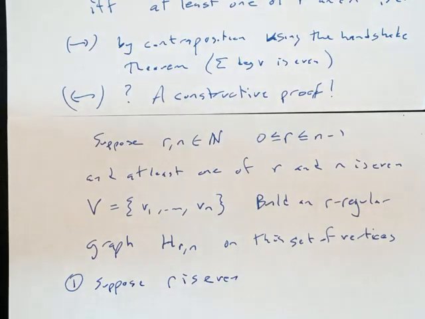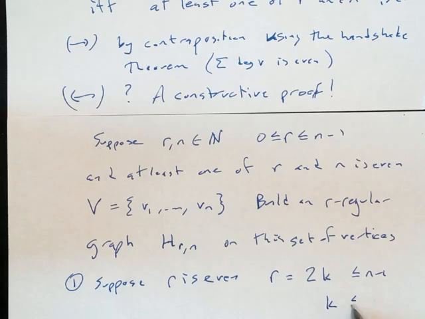So that means I need to connect each vertex to r things, right? Hey, wait a minute. That means k is less than or equal to n minus 1 over 2.